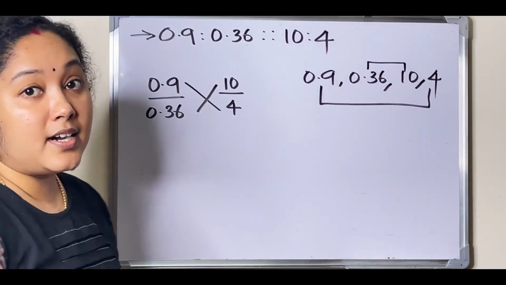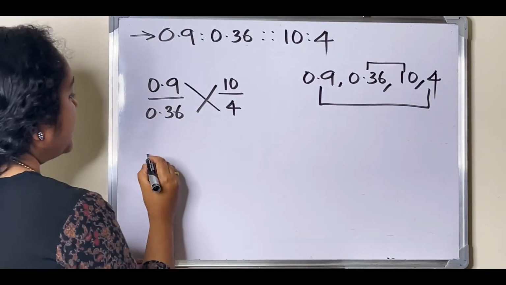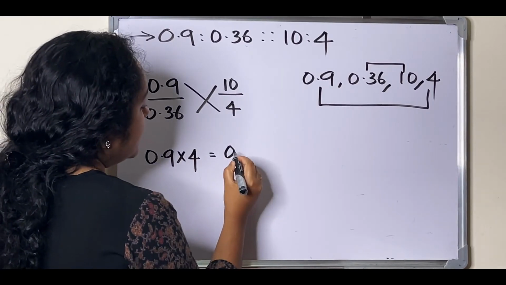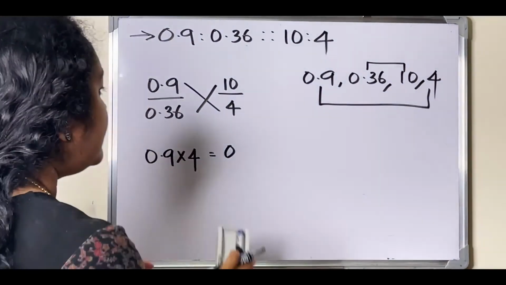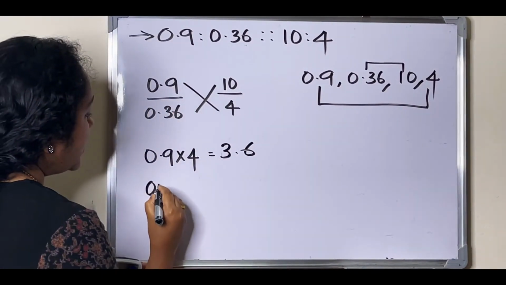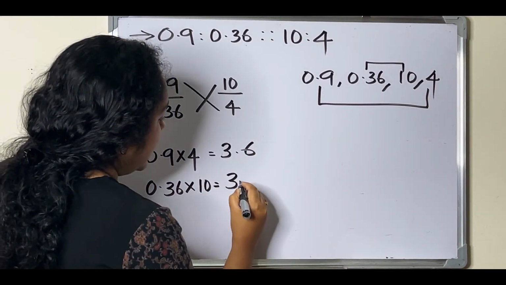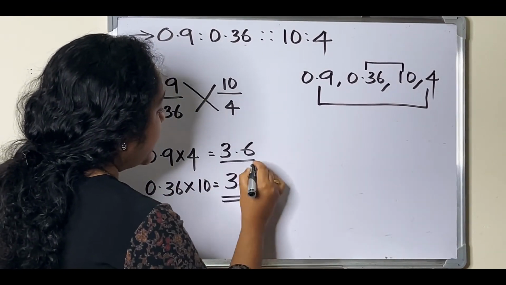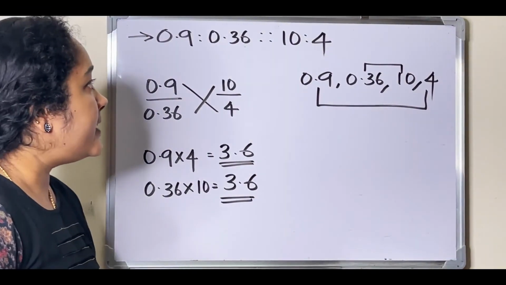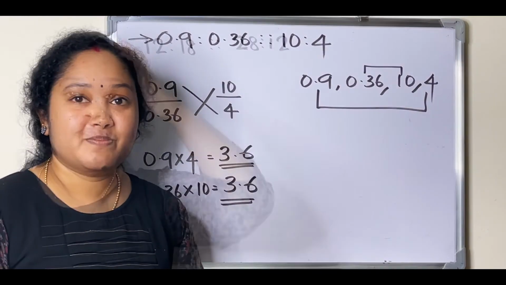If the products are same, the ratios are in proportion. So 0.9 into 4 is equal to 3.6. Then 0.36 into 10, cross multiply. The answer is 3.6. The two products are same. So 0.9 is to 0.36 and 10:4 are in proportion, and the statement is also true.